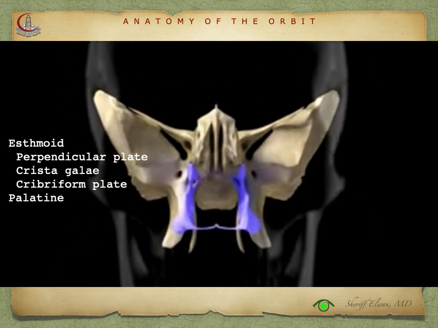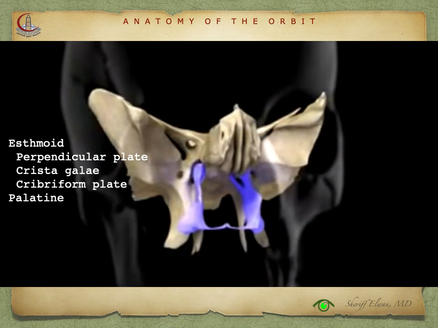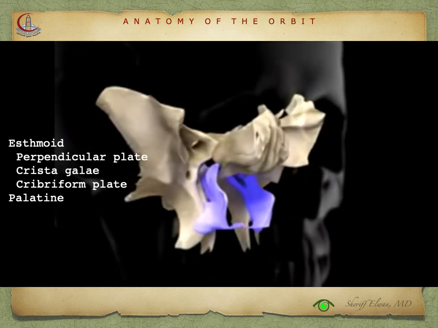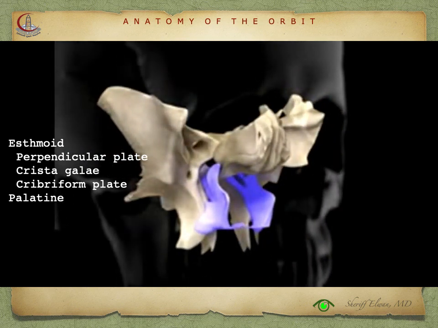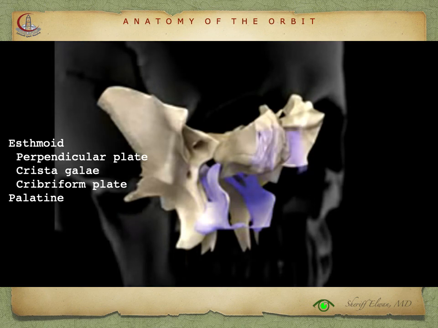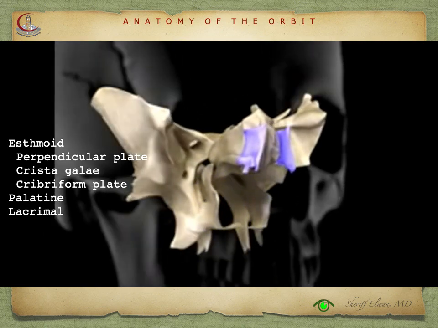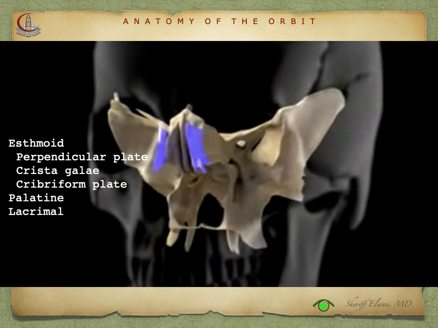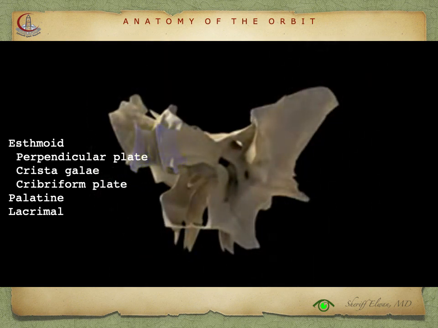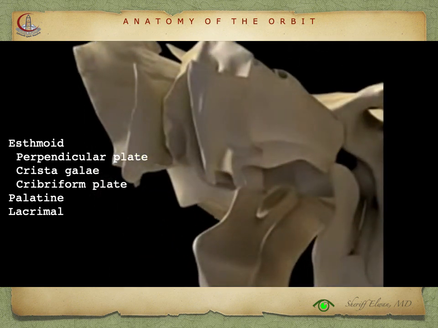The 2 palatine bones are L-shaped and form the posterior part of the hard palate, part of the nasal cavity, and the orbit. The lacrimal bones form parts of the medial walls of the orbit. It features a lacrimal groove that lodges the nasolacrimal duct.